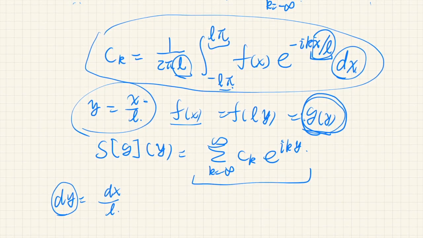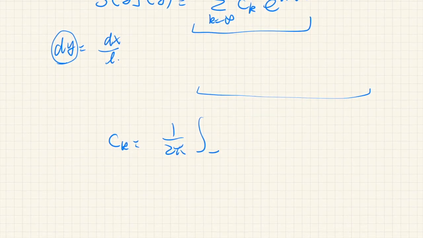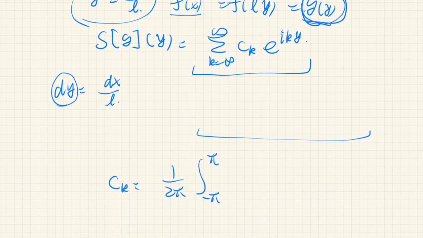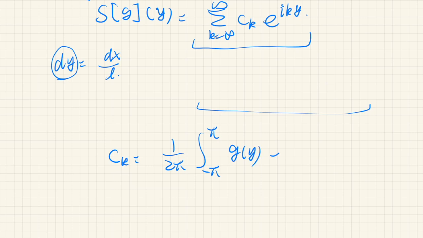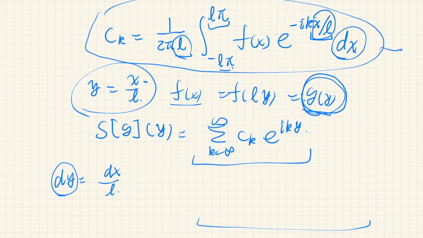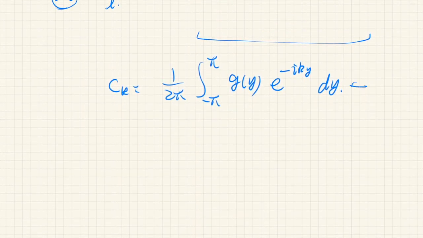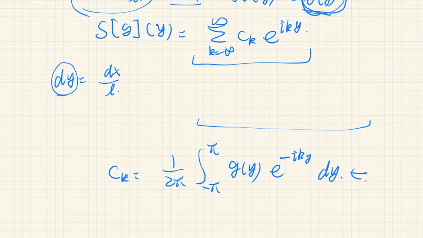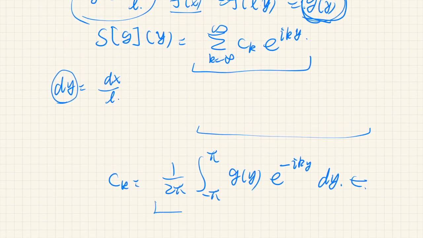L pi becomes pi, right? Negative pi to pi, 1 over 2 pi, and g of y, and exponential of negative iky dy. So this coefficient is the same as this coefficient, and this expression is the same as we have been studying. So everything is fine.